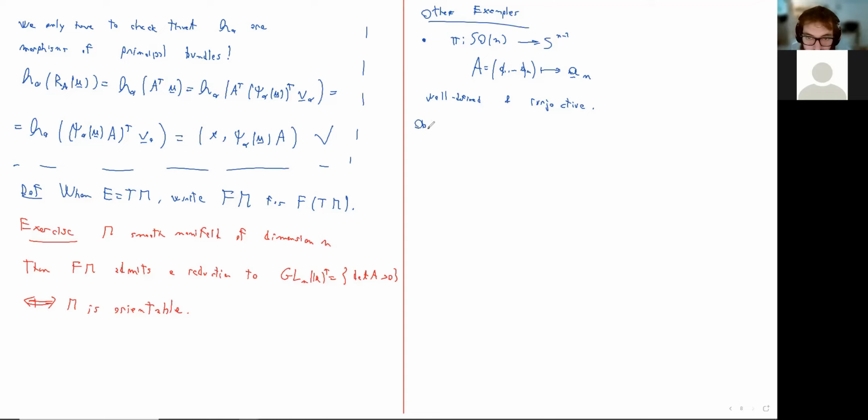And observe also that S^(n-1) is just the preimage of 0 for the map f that takes a vector x and sends it to |x|^2 minus 1. In particular, this gives us that the tangent space at a point P is all the vectors that are in the kernel of the differential of f.